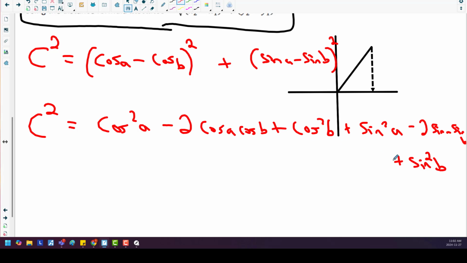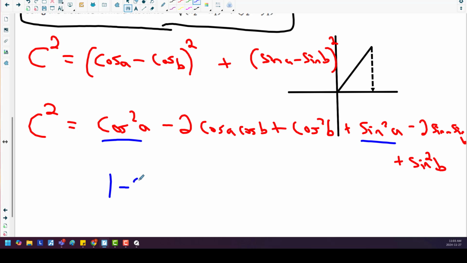Once we have this, something that you should know is cos squared A plus sine squared A is equal to 1. Remember, sine squared plus cos squared is equal to 1. That's the trig identity. So if I add cos squared A and sine squared A together, it's basically just 1.